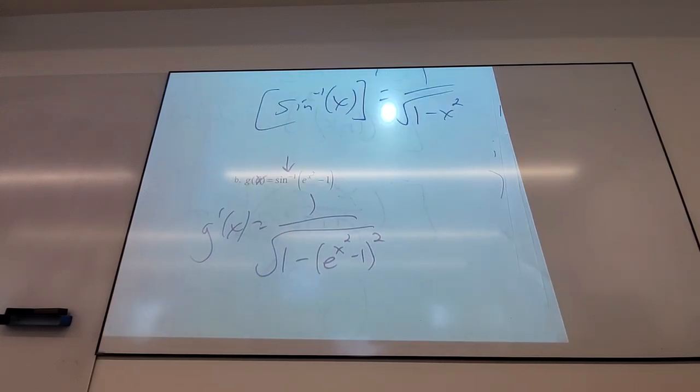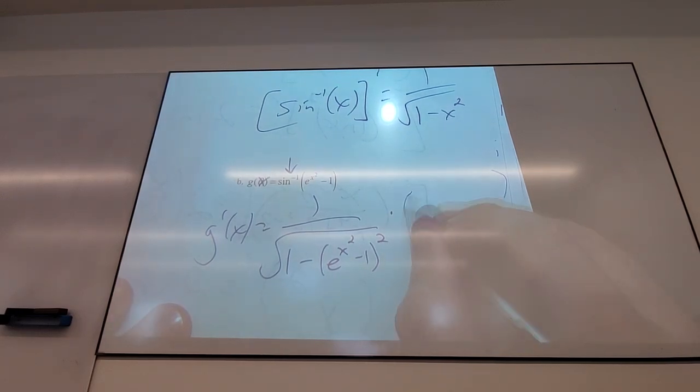Here the stuff is e to the x squared minus 1, squared. I'm not done. But that's just doing what inverse sine needs to happen. Yes? That's his rule. Whatever is inside of inverse sine gets shoved right there. What have I not done yet? That's times stuff prime.